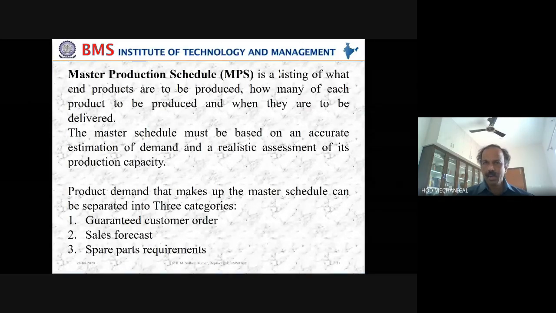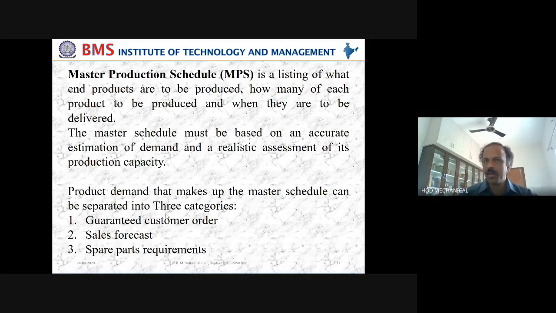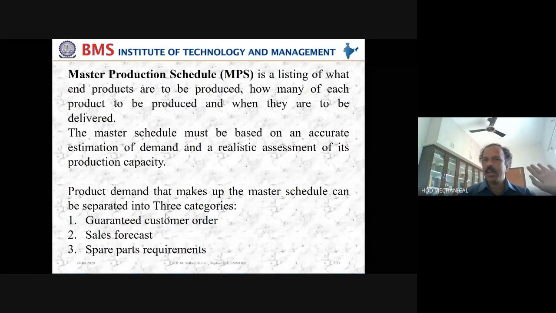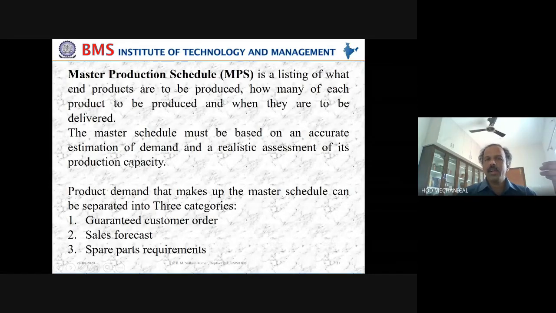Assuming the day after tomorrow there is a requirement of 10,000 parts, if there is going to be that demand, it's fine, whatever I have produced will be purchased. But if you simply assume that you may get the demand and produce unnecessarily, you have wrongly estimated the demand.